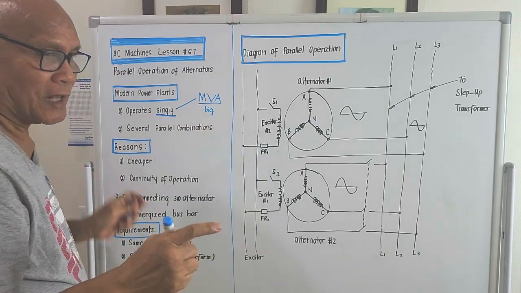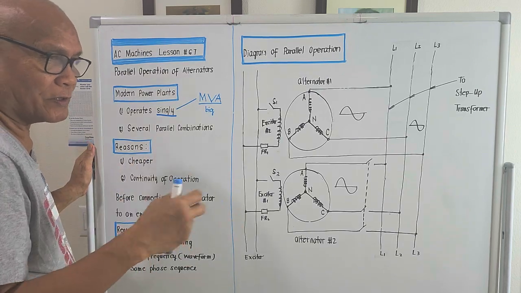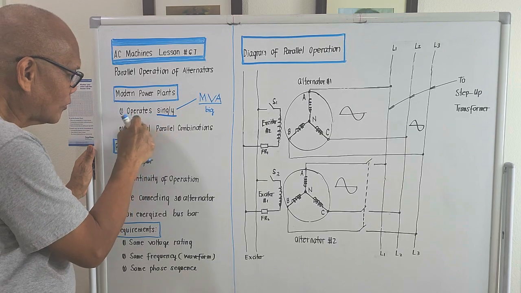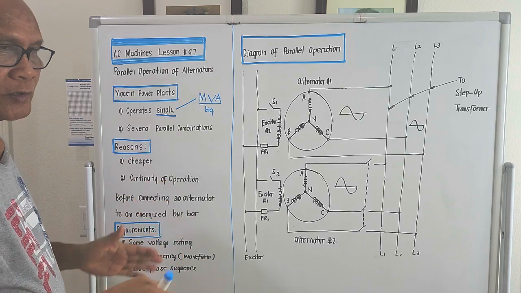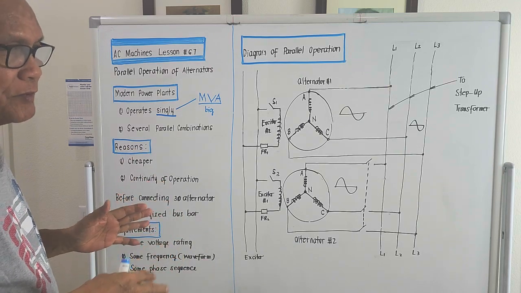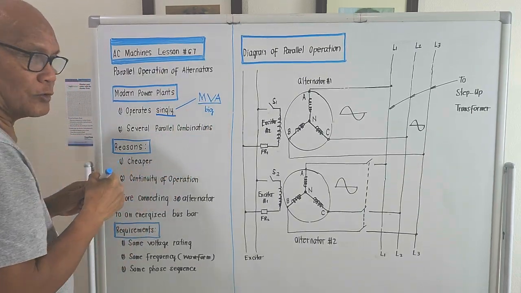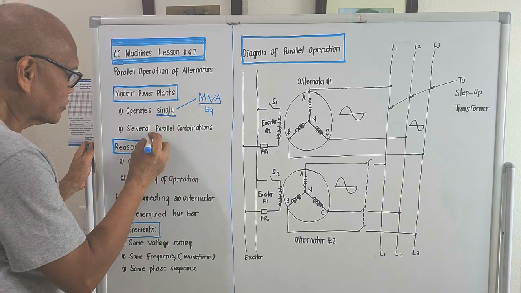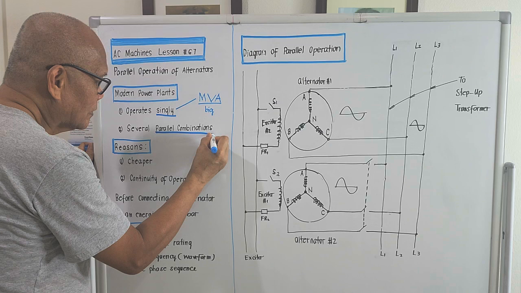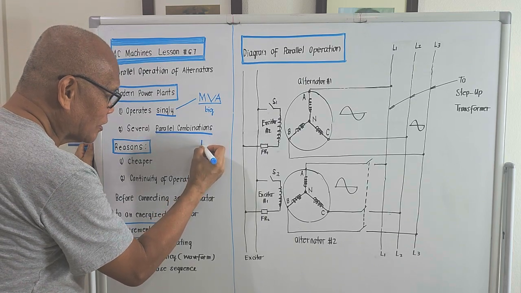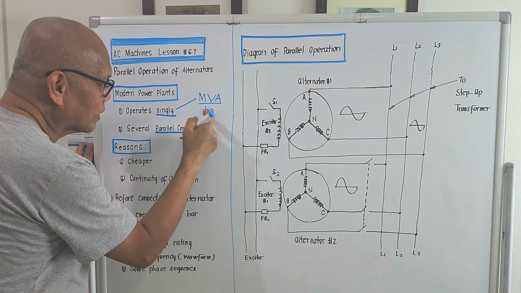So if the alternator is very big, you could operate it in the so-called single operation, or operate it singly. But if the alternator is still rated in MVA but not as high as the first one, we could operate them in several parallel combinations.